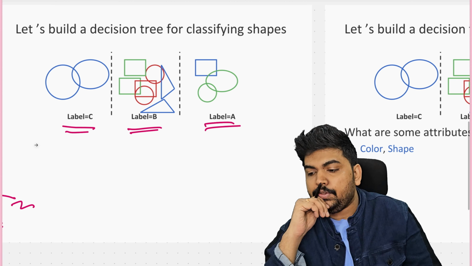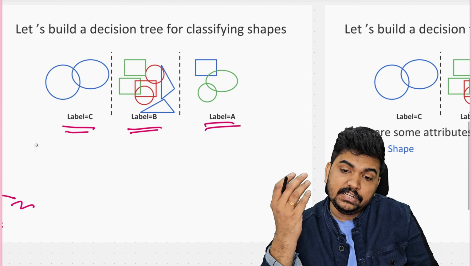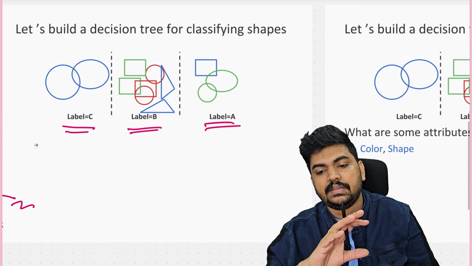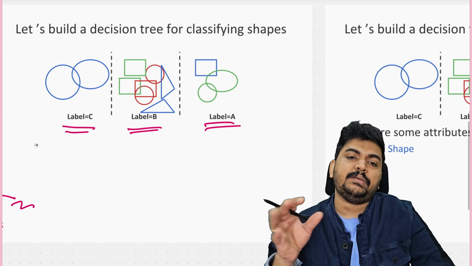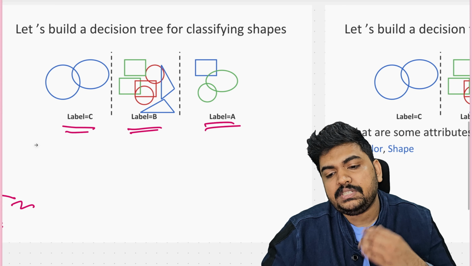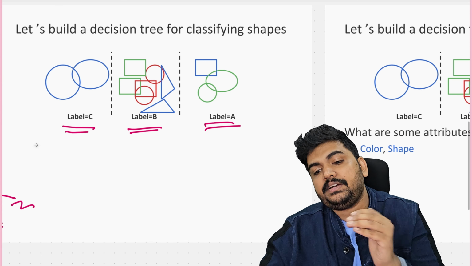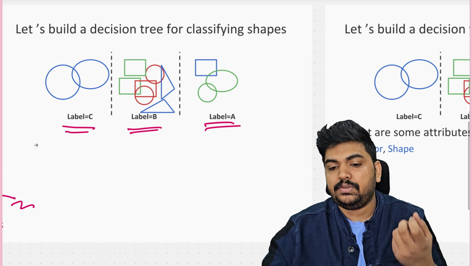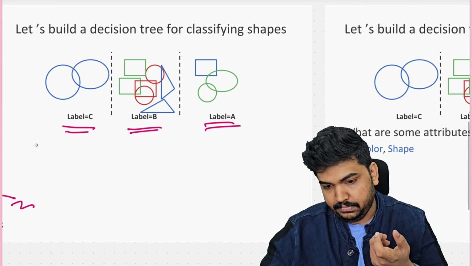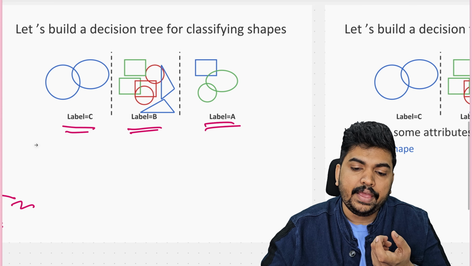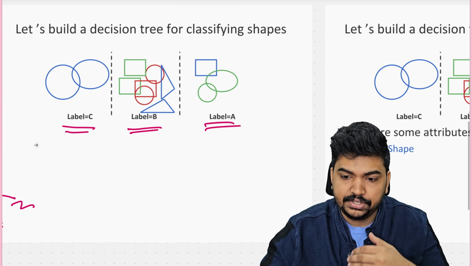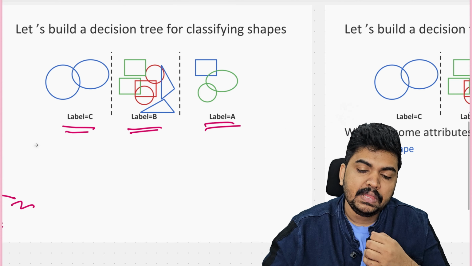Now, if this is the data set, let's try to build a decision tree that explains the data set and the partition, or in other words, a tree that explains the partitioning of the data set. Because a data set consists of not just the input but also the labels, and we are building a decision tree, which is a supervised classifier.